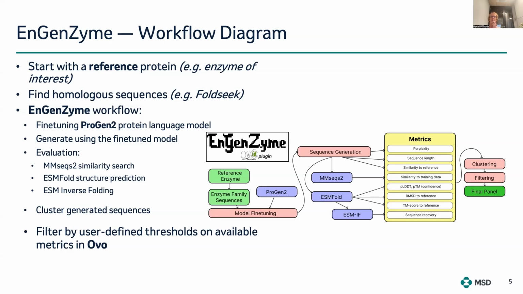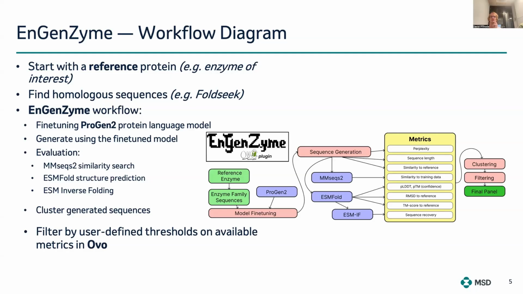Then we also use MMSeqs to find out how similar our generated sequences are to the training data, so that we can ensure we are actually generating something new. And then also we do structure prediction using ESM-fold. We look at the confidence of the model, pLDDT, and structural comparison of the prediction to the reference enzyme.